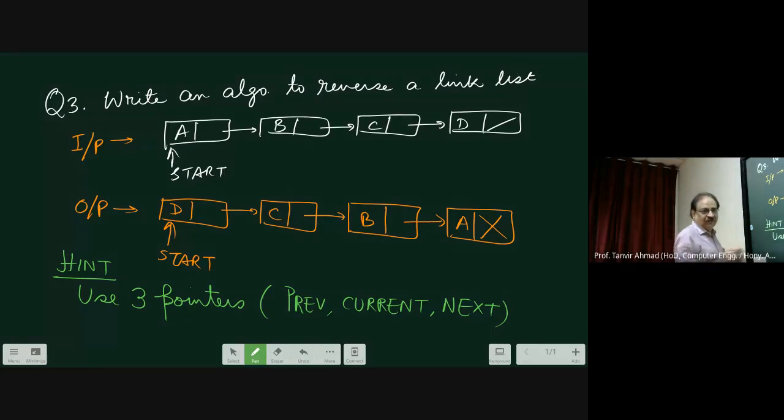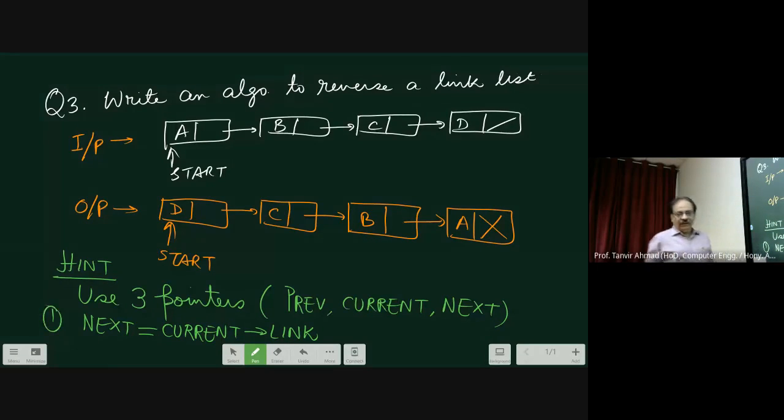Next is equal to current of link is the first statement, and the second is that the current of next is equal to previous.